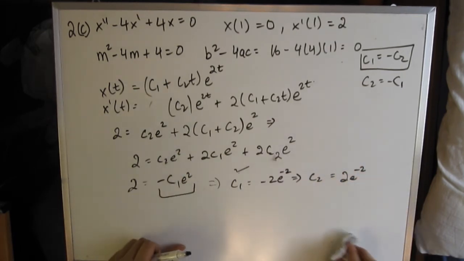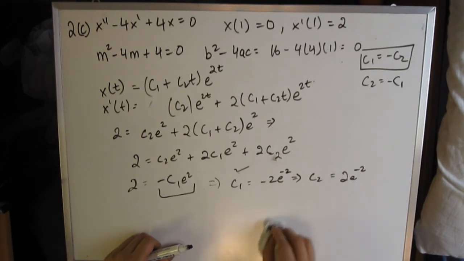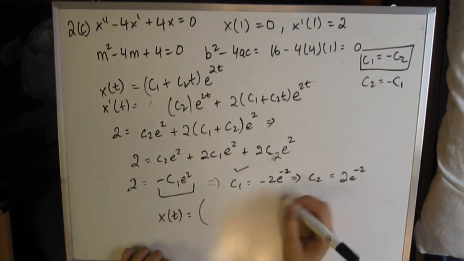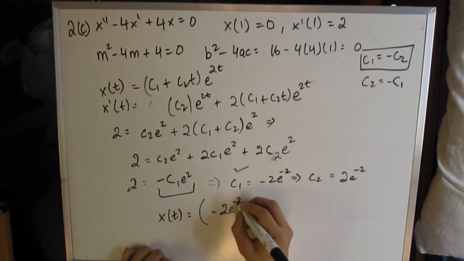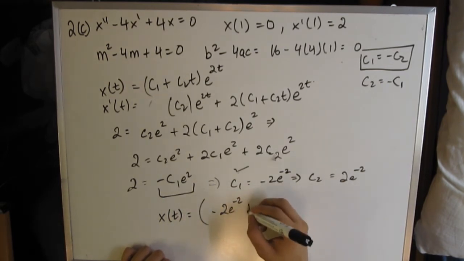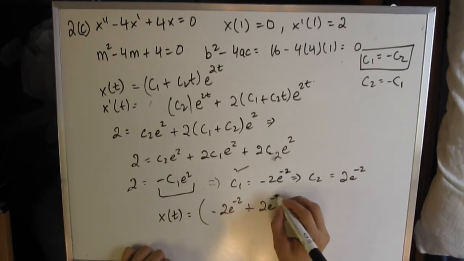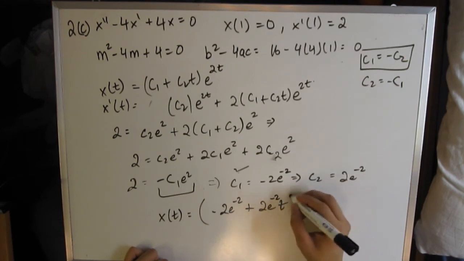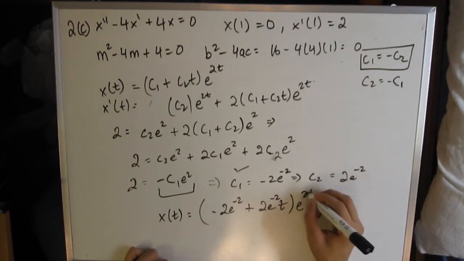And now we're going to substitute that in over there, and we'll get our x of t is equal to c1, which is negative 2e to the negative 2, plus 2e to the negative 2 t, all times e to the 2t.